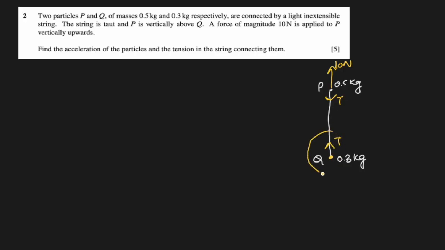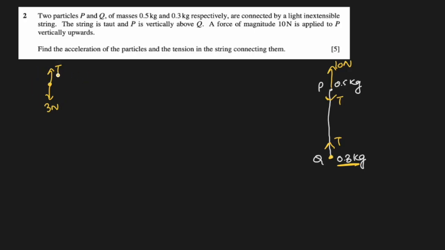So let's focus here. At this point, what will be the free body diagram for this one? Let me draw here. T is upwards and there is a force downwards, which is the weight of this 0.3 kg, and we multiplied by 10. So 3 Newton is the weight of this, and this system is moving.